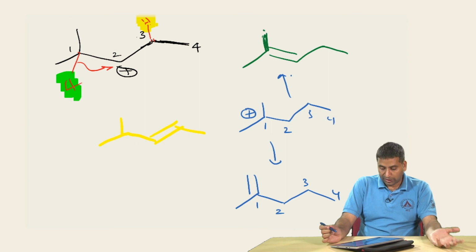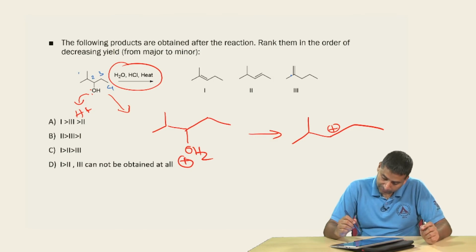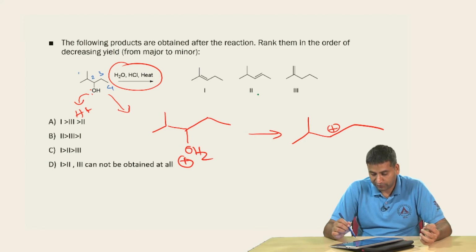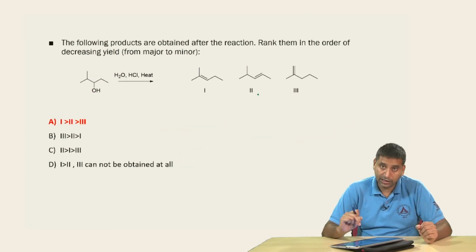So, looking at these olefins, it is quite likely that product number 1 has a higher possibility of happening because it is a more substituted double bond, and number 2 is the next in terms of substitution, and 3 is the least, and so the order would be 1 greater than 2 greater than 3.